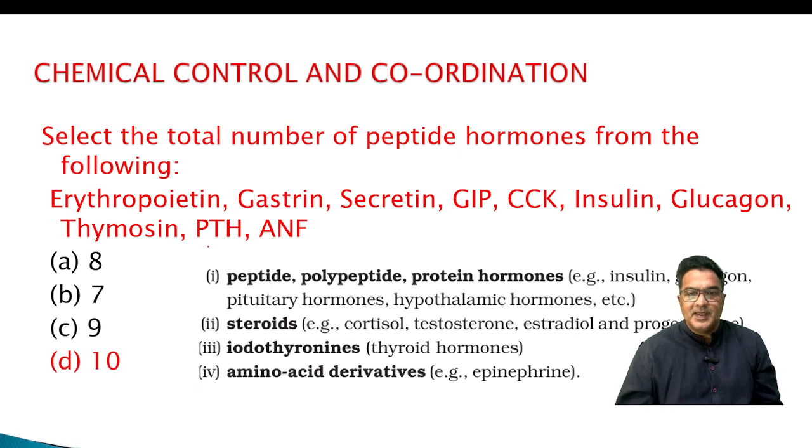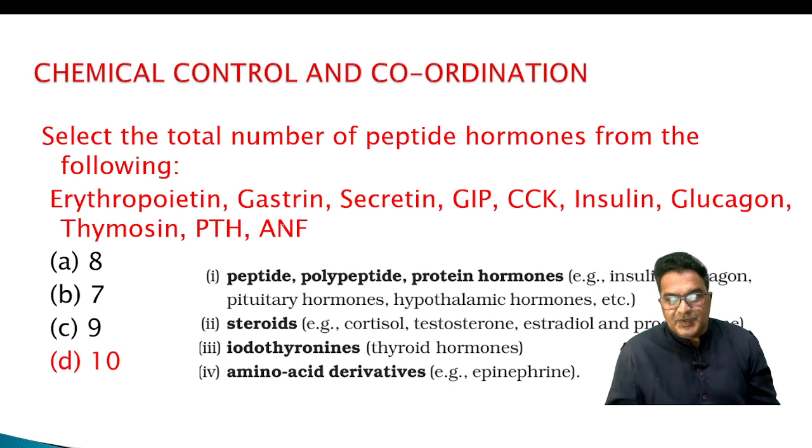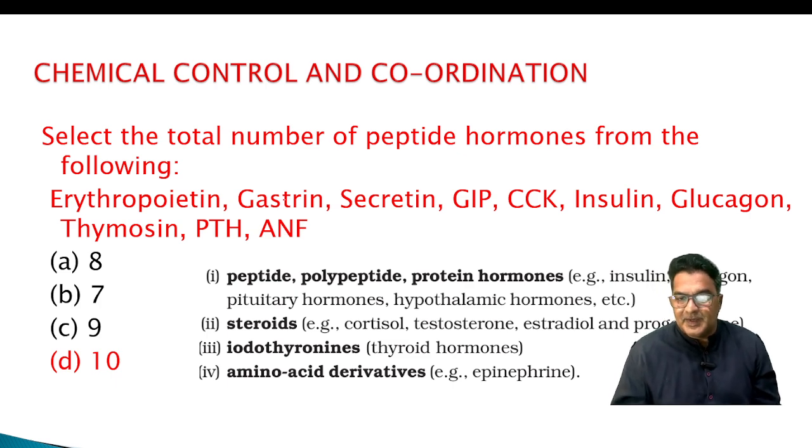Insulin and glucagon are directly given. Pituitary hormones means anterior and posterior pituitary are covered there itself. So we can say all of these are going to be the answer. 10.